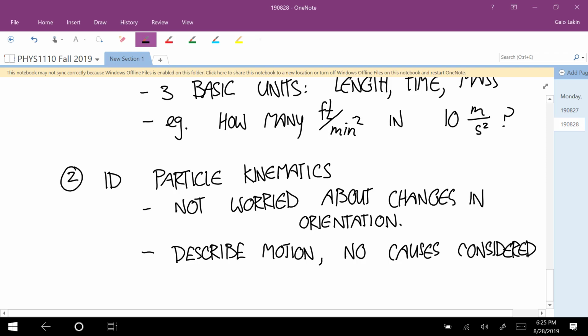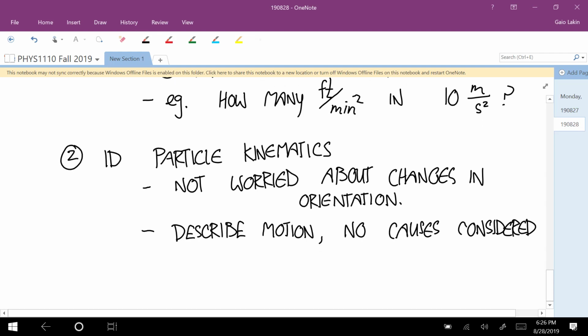And when I talk about causes of motion, I'm talking about forces applied to things or energy that the thing has. We don't know anything about that. So kinematics is just stuff that you could figure out from a videotape if you had a gridded out room where you could measure anything carefully. We're not worried about masses. We're not worried about forces, just describing the motion.